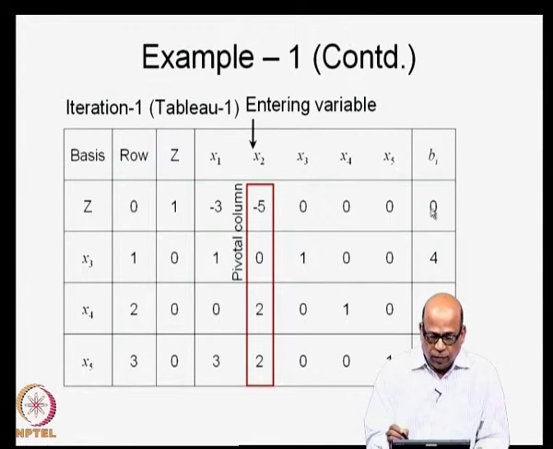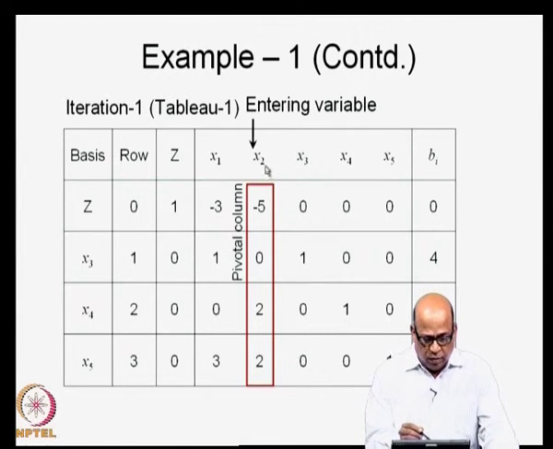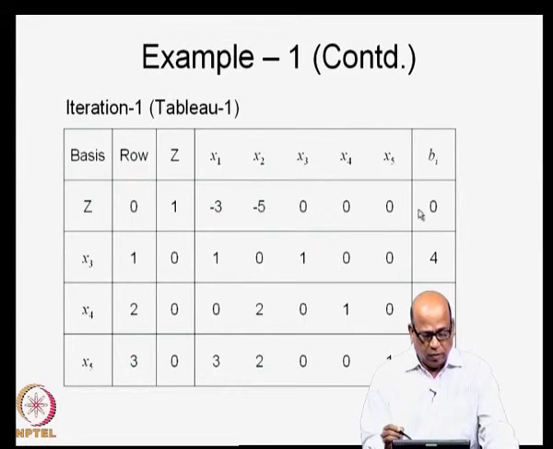For that, you calculate Bi by Aij values. Here, j denotes the variable and i is the row. So, Bi by Aij means the right hand side value of the ith row divided by the coefficient of the jth variable, where the jth variable is the entering variable. We are calculating 0 by -5 whenever it is a positive value.